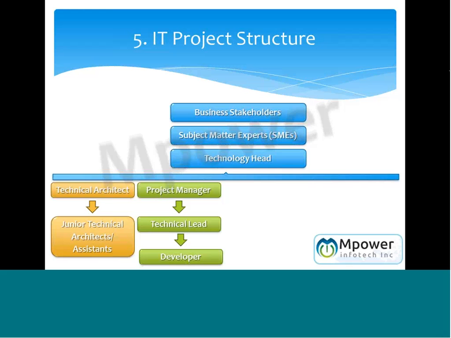The developers are pretty much the audience who implement the solution, who write the software code and who implement the solution. All these programmers or developers are directly reporting to the technology lead, and the technology lead usually reports to the project manager. Any questions so far?